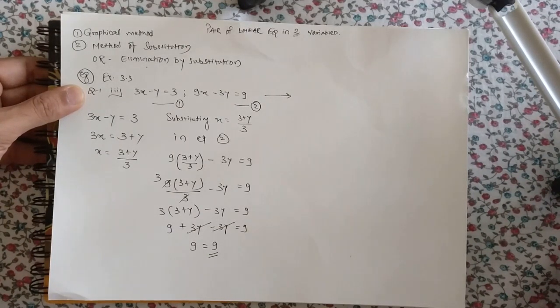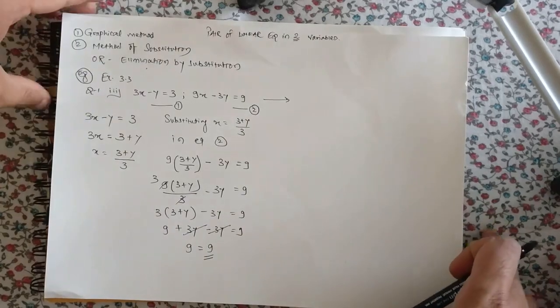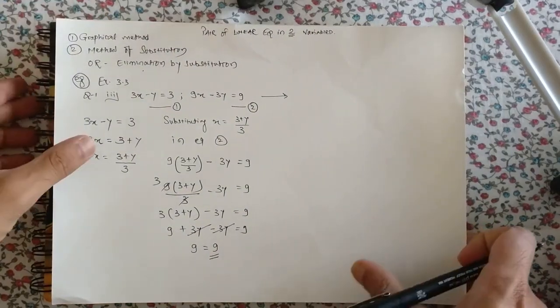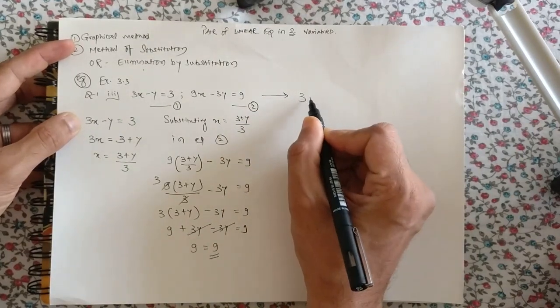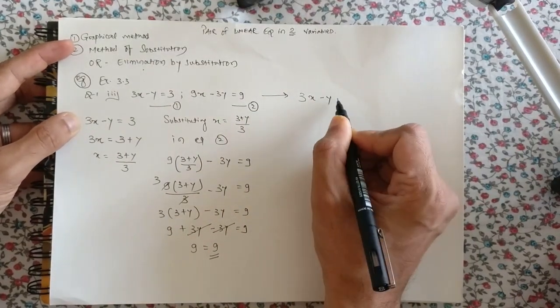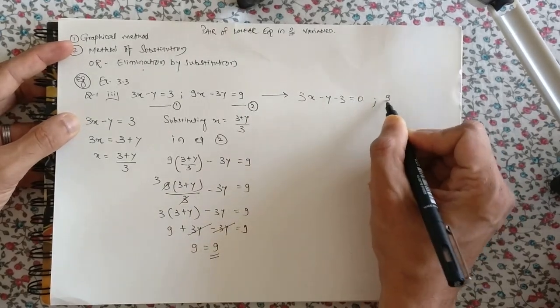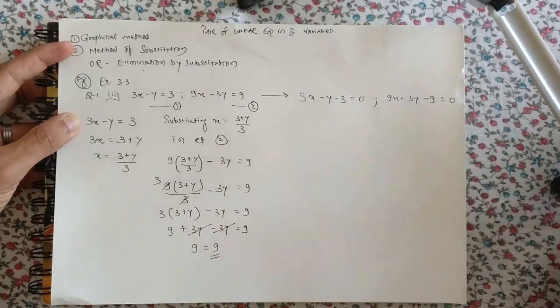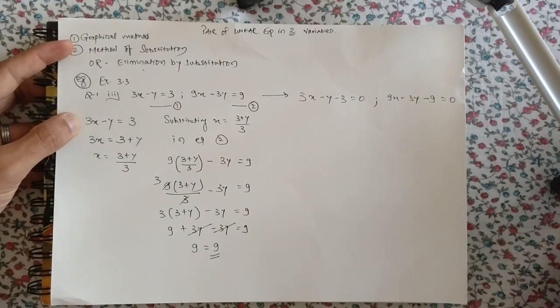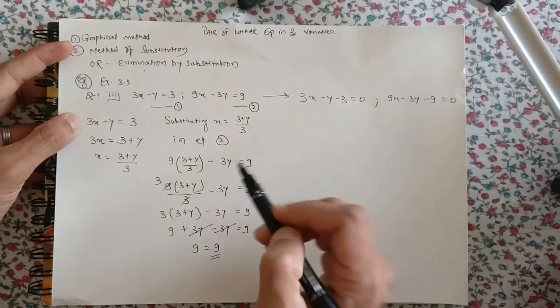We will try to understand the concept here, rather than getting all worried and wondering what is wrong, let's try to get the idea. 3x minus y minus 3 is equal to 0, and 9x minus 3y minus 9 is equal to 0.